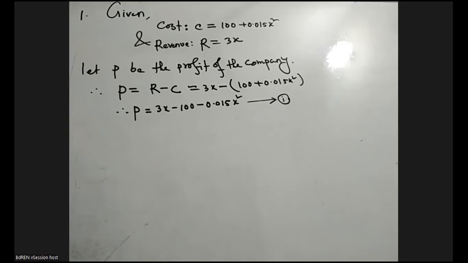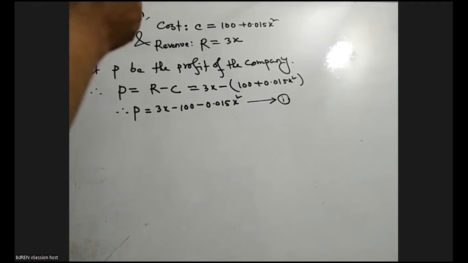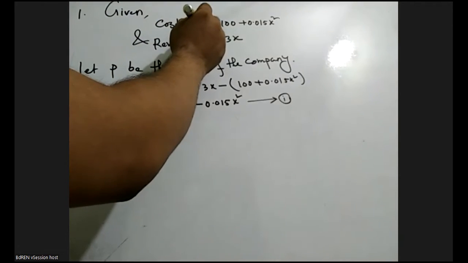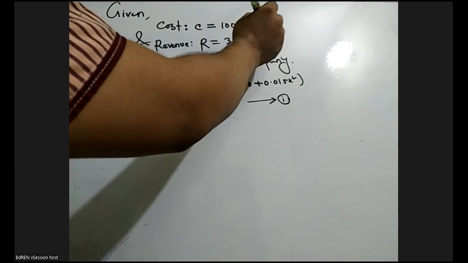Let us consider, we are given cost equation for the first one. We are given cost equation C equals 100 plus 0.015 x square and revenue R equals thrice x.